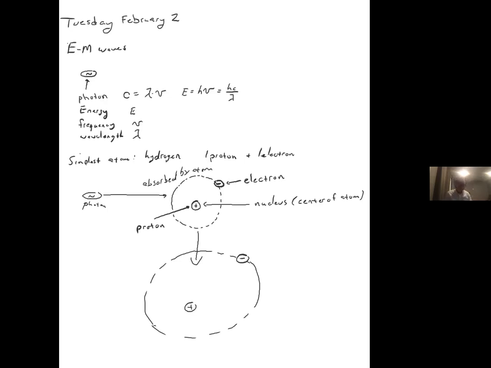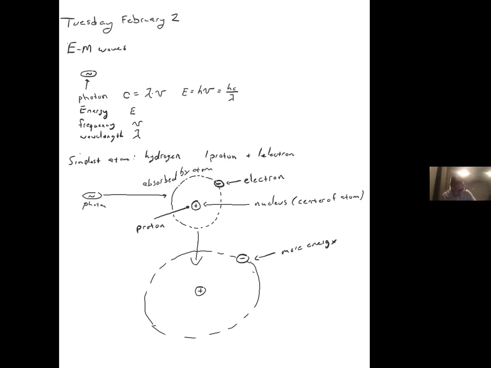Okay, so the photon disappears. It no longer exists. It's gone out of existence. But the energy that the photon carries is transferred essentially to the electron. And so now the electron has more energy.